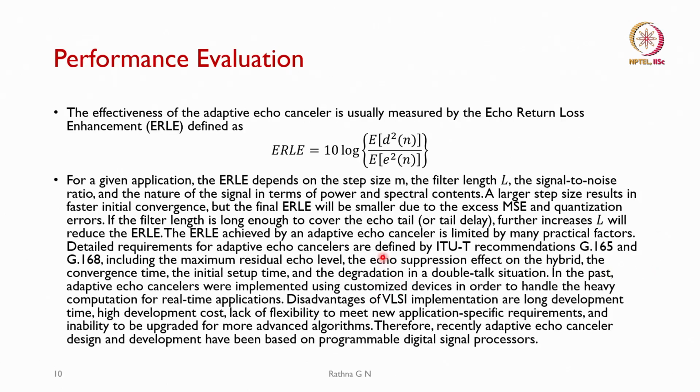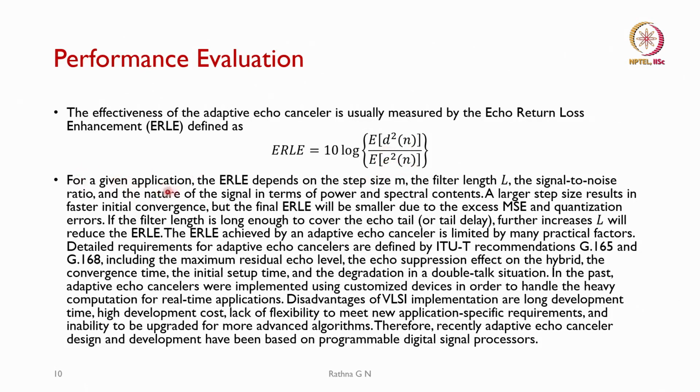So, how do we estimate the performance? The effectiveness of an audio echo canceller is usually measured by the echo return loss enhancement, that is ERLE, which is defined as 10 log of the expected value of the desired signal squared, d squared of n, divided by the expected value of the error squared, e squared of n.